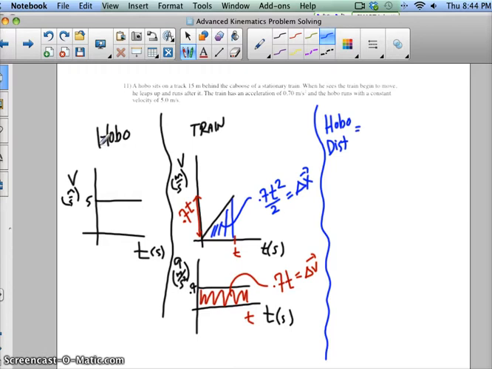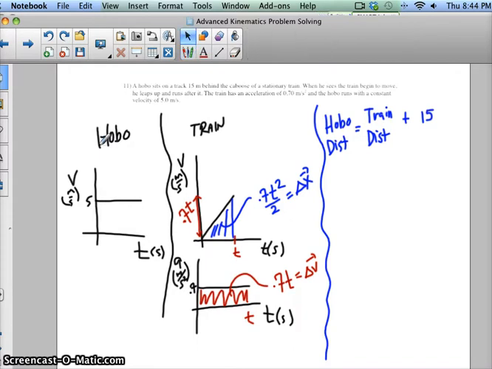So the hobo's distance traveled has to be the train's distance traveled plus the amount the hobo was behind, which is 15 meters, right? So I'm thinking of my equation in terms of distances. Now I can just start plugging things in, I guess.